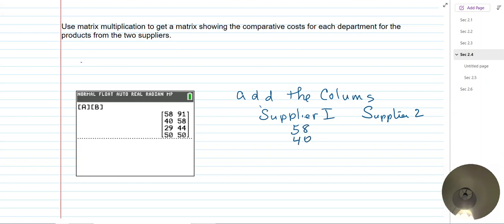The 58, the 40, the 29, and the 50. And we have the 81. This is per item, 44 and 50. All right.